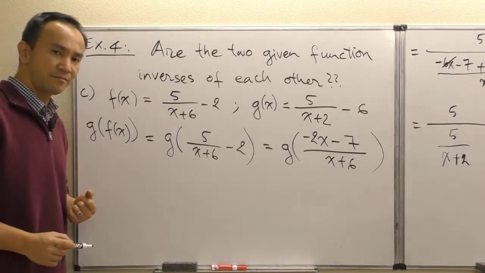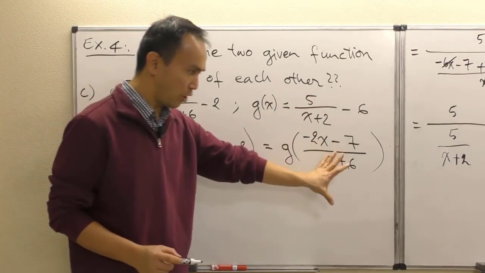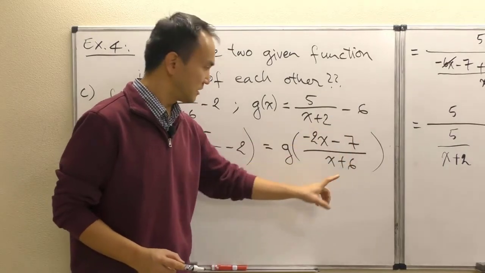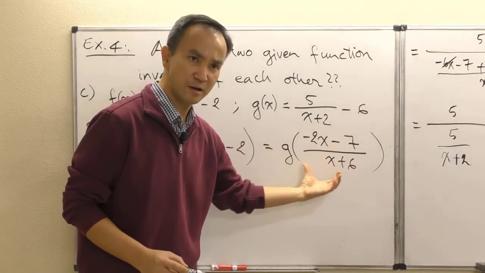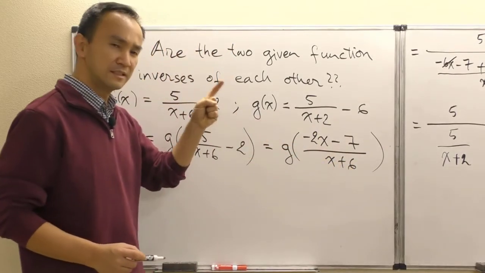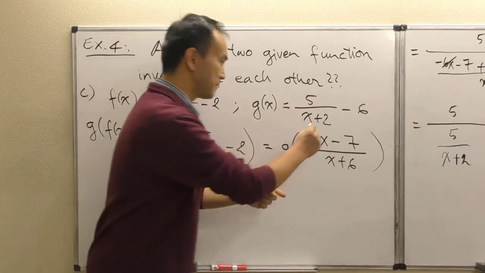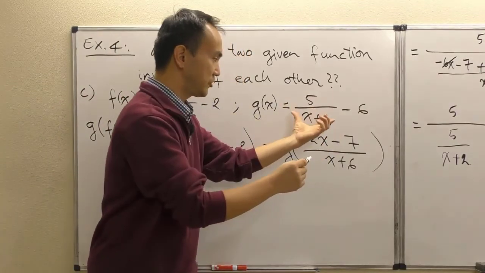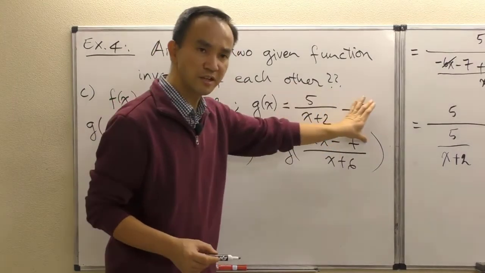All right, now I'm ready for advancing to my next step. Just notice that this gigantic expression is now playing in place of the inputs of the function g. We're going to take this entire input and substitute it in g.